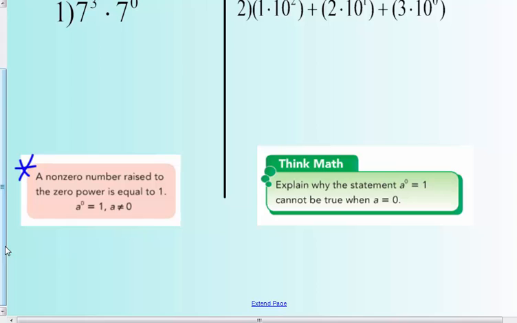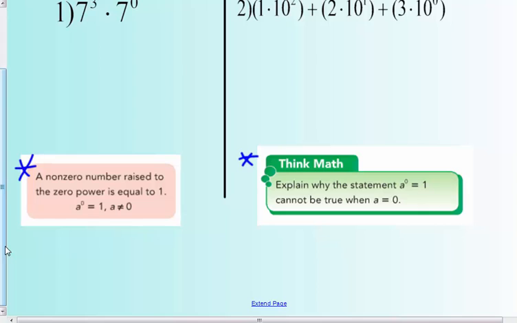We can't say any number, because it says a non-zero number, meaning not 0. A non-zero number raised to the 0 power is equal to 1. So it can be any real number, I'm assuming, except for 0, raised to the 0 power. Why can't it be 0 here?